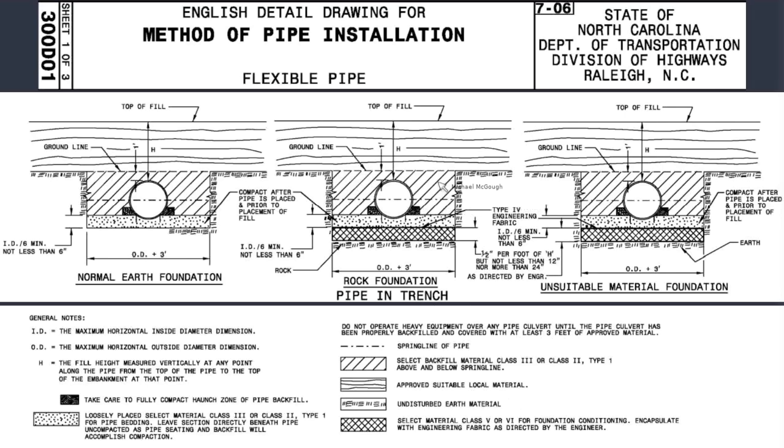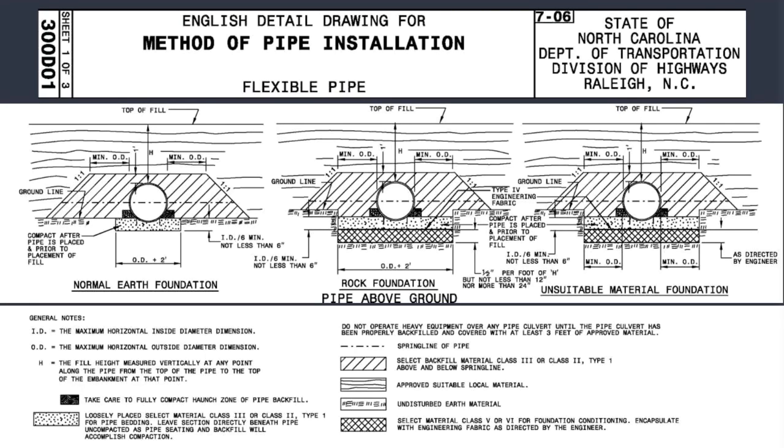And then backfill material is here as a class 3 or a class 2, all the way up above the spring line into, is there a level here? Somewhere above the top of the pipe. Again, this is in a trench foundation, and then this is a pipe above ground. So again, an embankment. Again, very similar conditions. Just to kind of make everyone aware of one state's example as we've been doing.